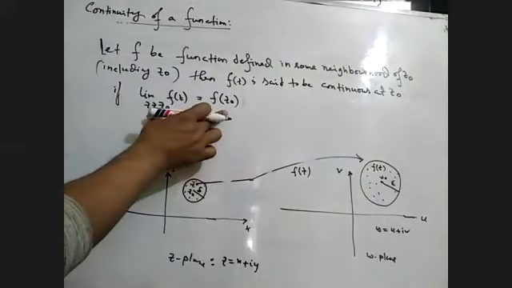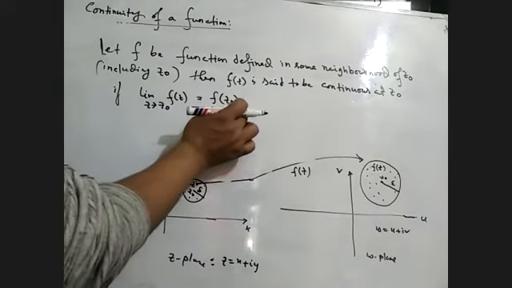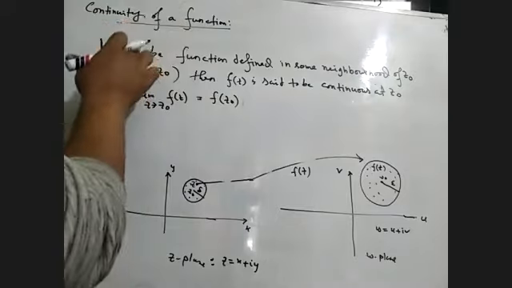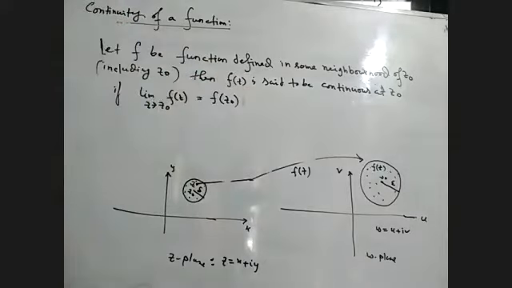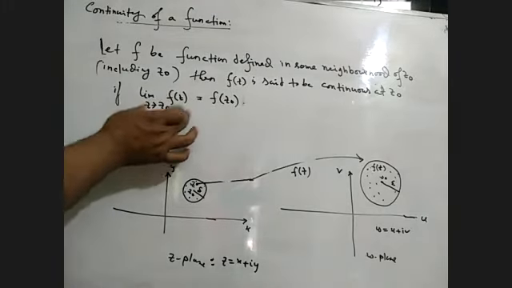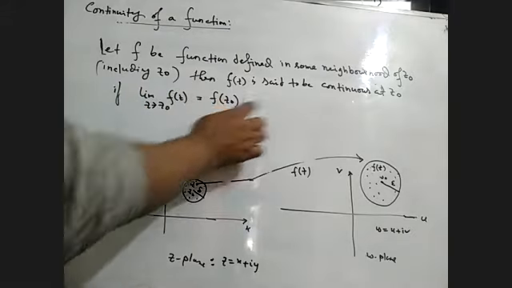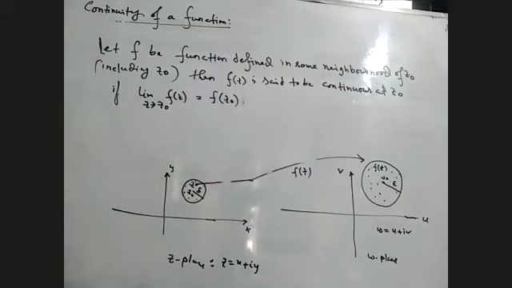Okay, if the limit and the functional value at z naught are equal, then we can say that the function f of z is continuous at z naught. Okay, this is the complete definition. That means the limit exists and the value of the limit equals the functional value at z naught. So this is the complete definition of continuity.